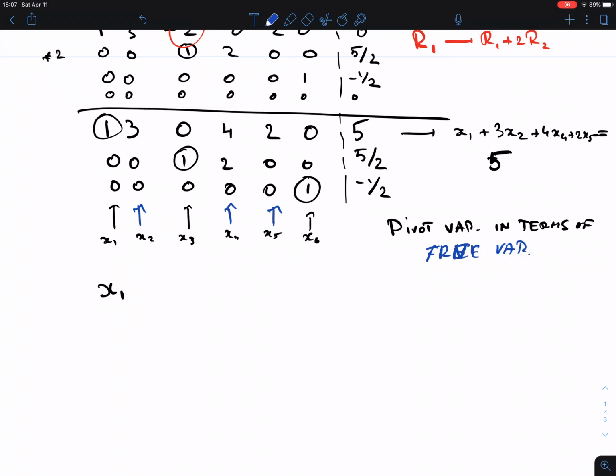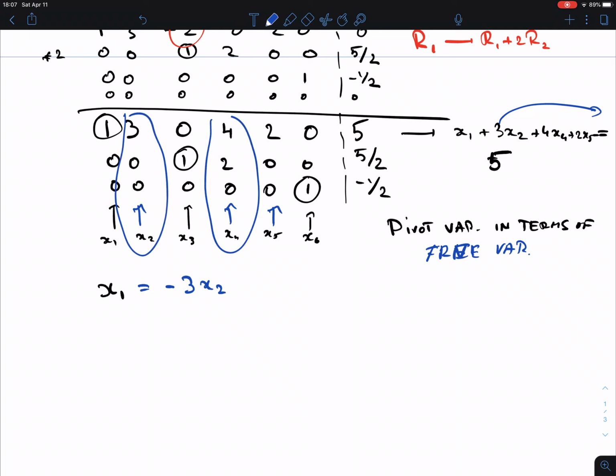Okay, so it is x1. This means, of course, that we have to bring this to the other side, which means we're going to have negative signs. So we get x1 equals minus 3 times x2, minus 4 times x4, minus 2 times x5, and not forgetting plus 5. Okay, that's the first of the black variables.